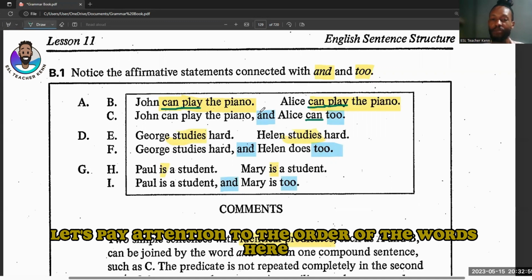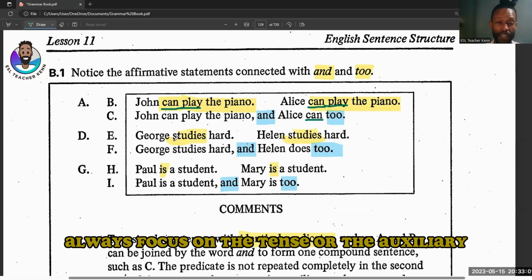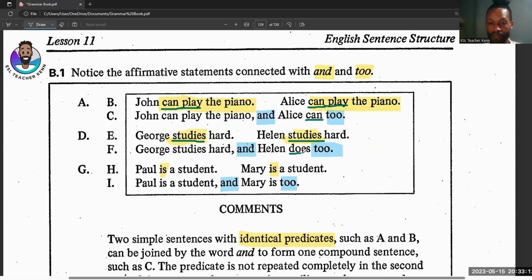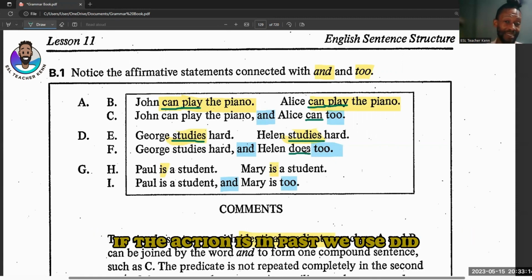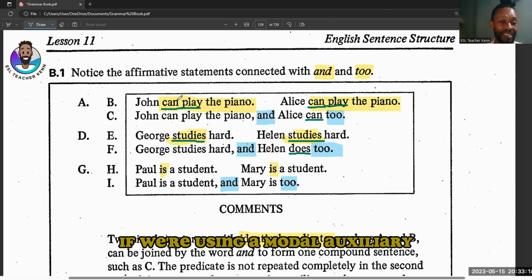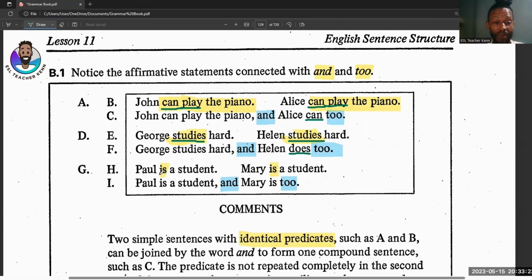So once again, let's pay attention to the order of the words here. Always focus on the tense or the auxiliary. If we're speaking in present, we're going to use does. If the action is in past, we use did. If we're using a modal auxiliary, we continue with the same modal auxiliary.